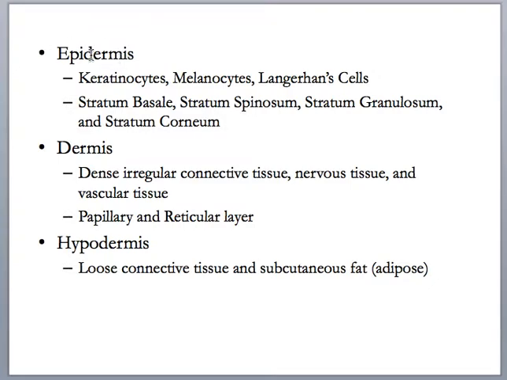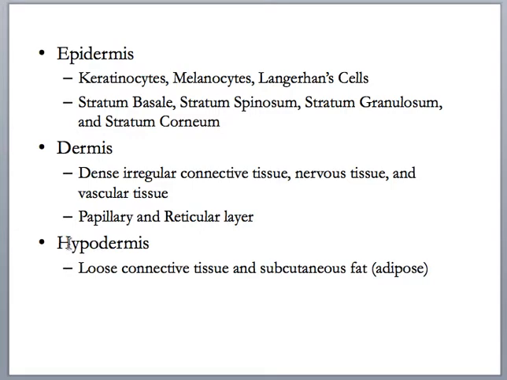So the epidermis is made up of stratified squamous epithelium. It is not vascularized, but there are still tons of cells. They're going to get their nutrients from the blood vessels found in the dermis, because the dermis is very highly vascularized. There are layers of the dermis, and I'll talk about these two layers in just a second.